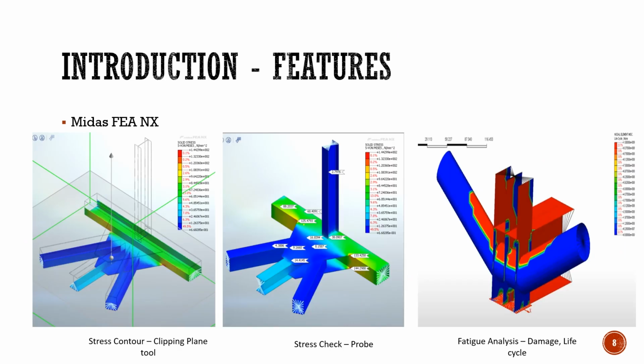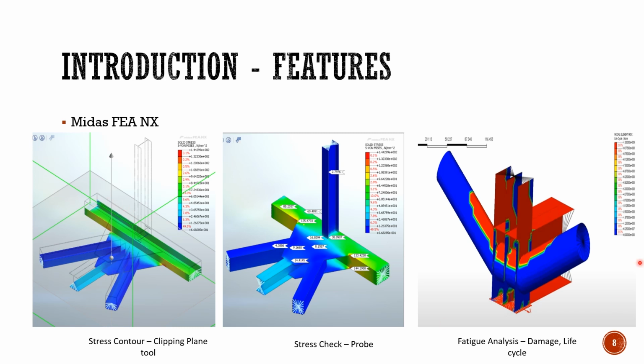The MIDAS FEA NX gives uniform contours for stresses, deformations throughout the solid. The clipping tool can be used to check the stresses inside the solid at a given section. As you can see in the image over here, a section is being cut at the center of this particular connection, so that we can see the stresses at the internal location of this particular joint.